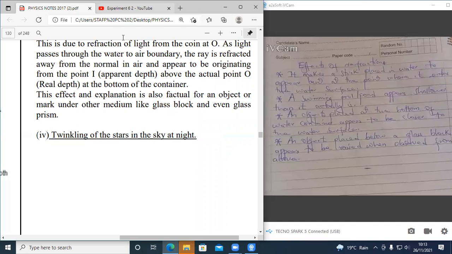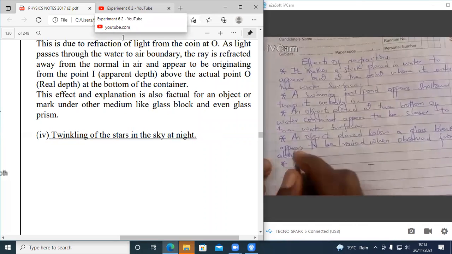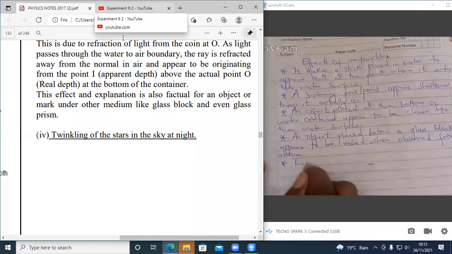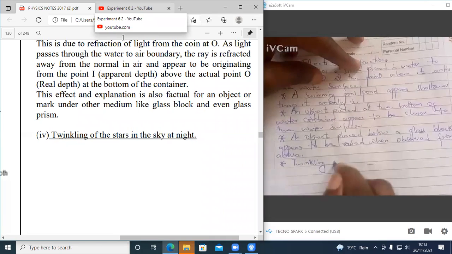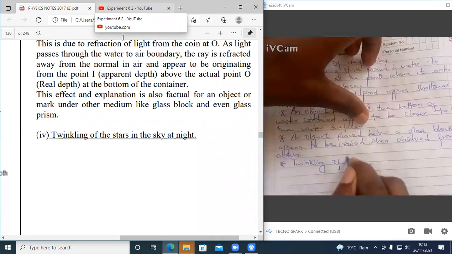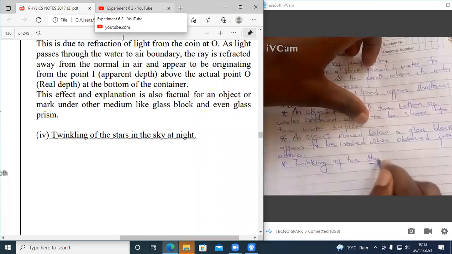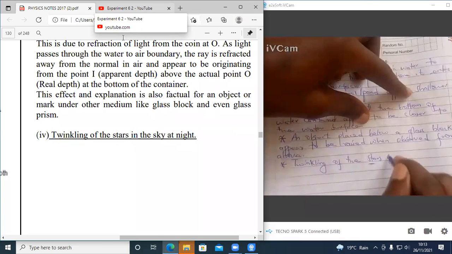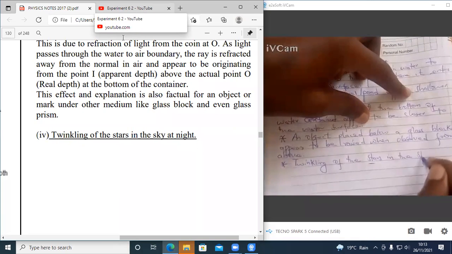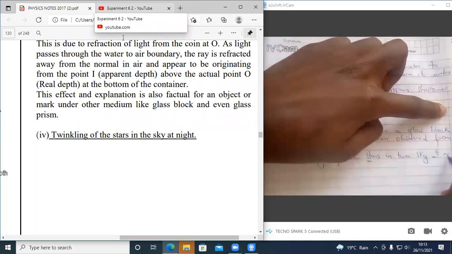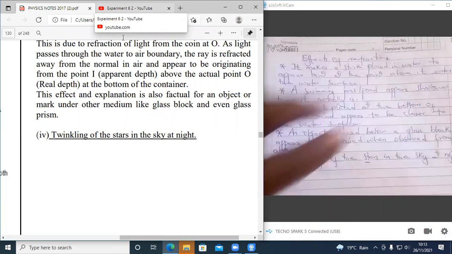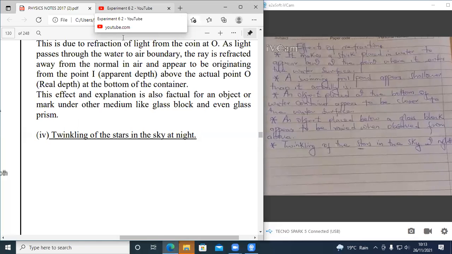So let me try to check a video of that, so that we can see the twinkling of the stars in the sky at night.